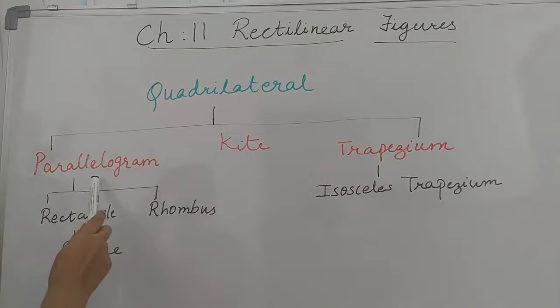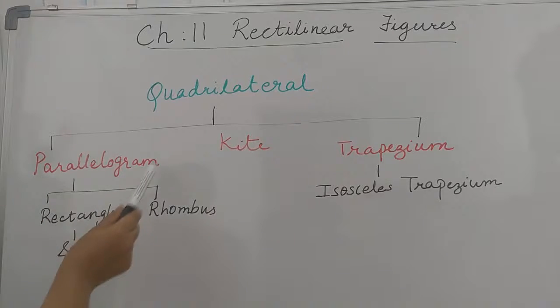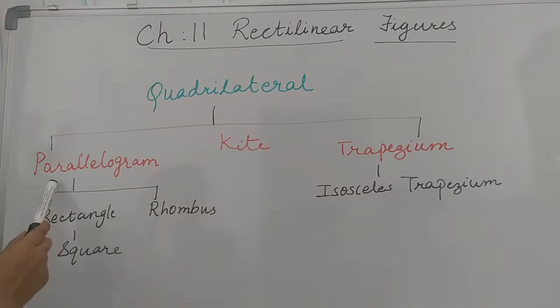There are 3 main types of quadrilateral. First is parallelogram, second is kite, and third is trapezium. From the word parallelogram, we can say that opposite sides are parallel, meaning in a quadrilateral there are 4 sides, and in a parallelogram 2 pairs of opposite sides are parallel.